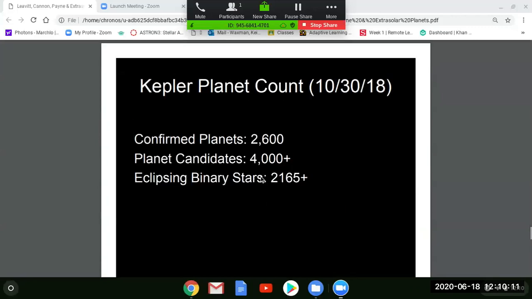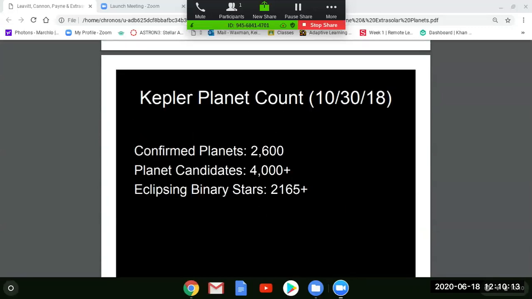Now, this was a couple years ago, and there has not been much more since then, because they had a lot of problems. So this was pretty close to being accurate. As of 2018, confirmed planets, 2,600. And candidates that we think may be unconfirmed because of one dip, over 4,000.